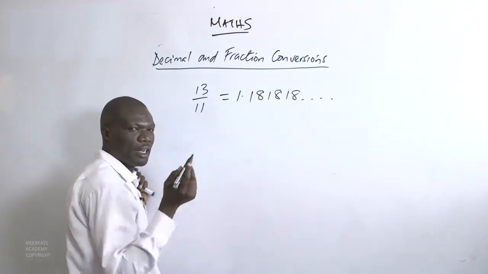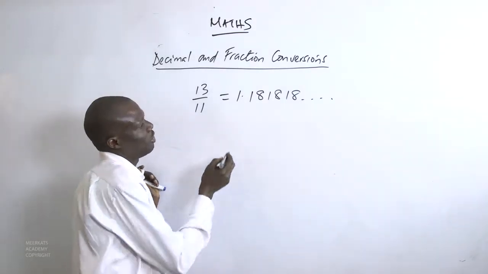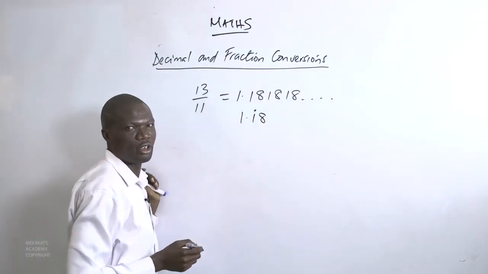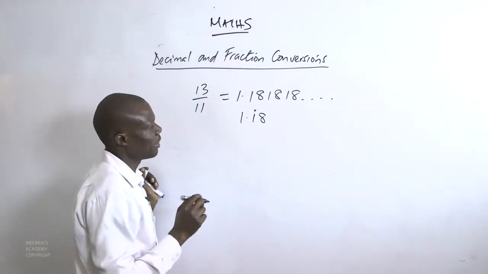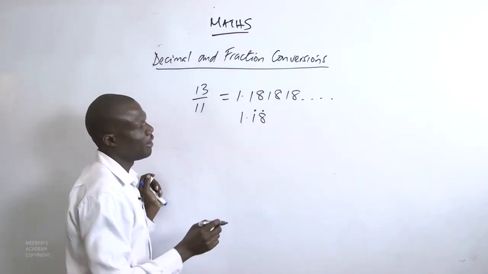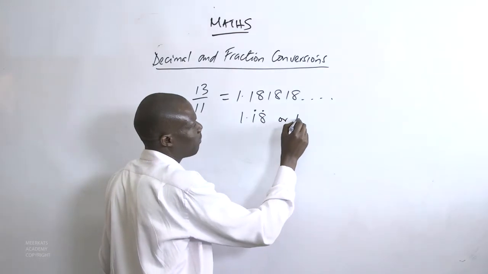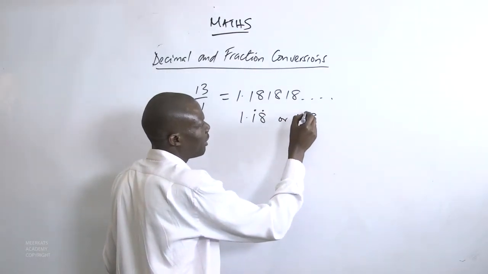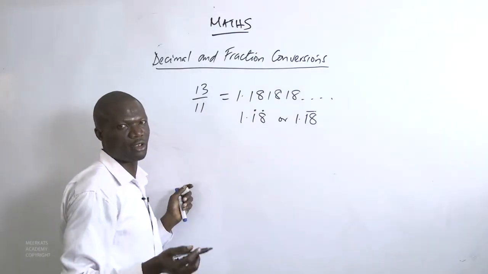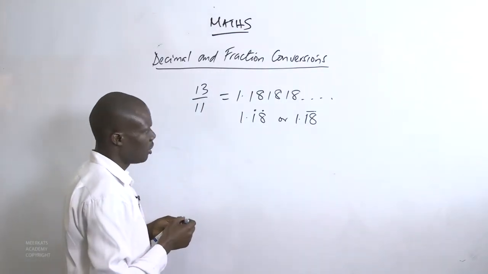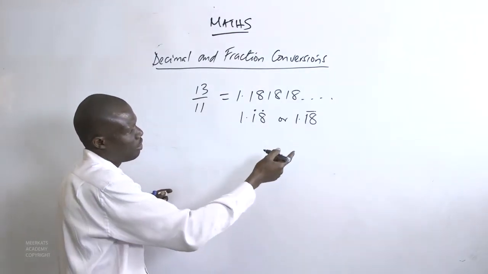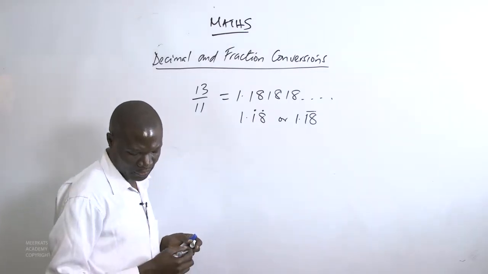So 1 and 8 are recurring. So you cannot just say it is 1.18 and have one single dot there, because 2 digits are recurring. So I'll have a dot there, and a dot here. Or I'll simply say 1.18, and then I put a bar to enclose both 1 and 8, those 2 digits that are recurring. So when you see this, automatically you'll know that they are recurring.